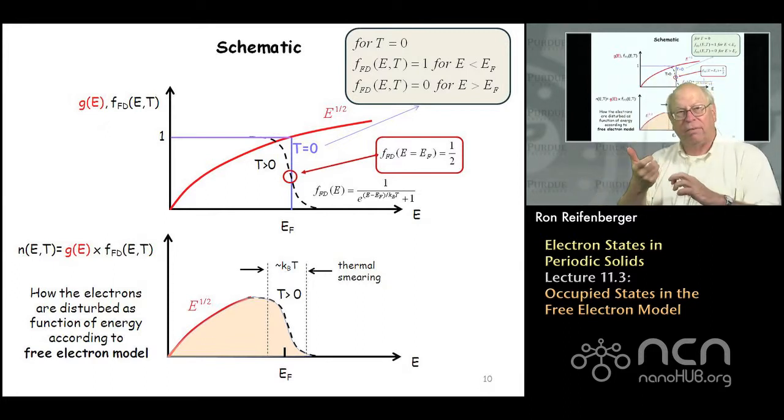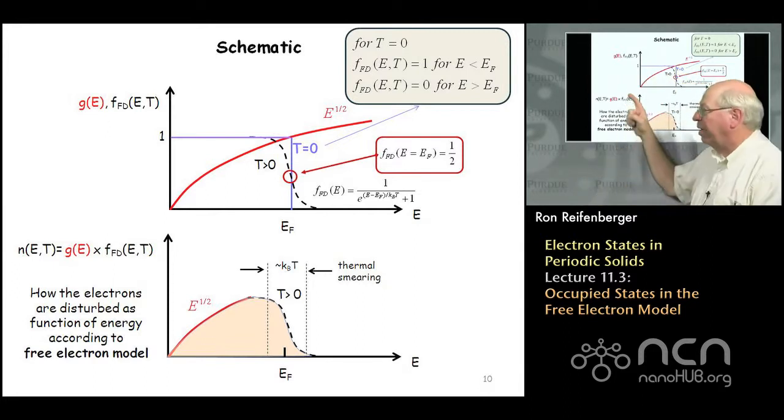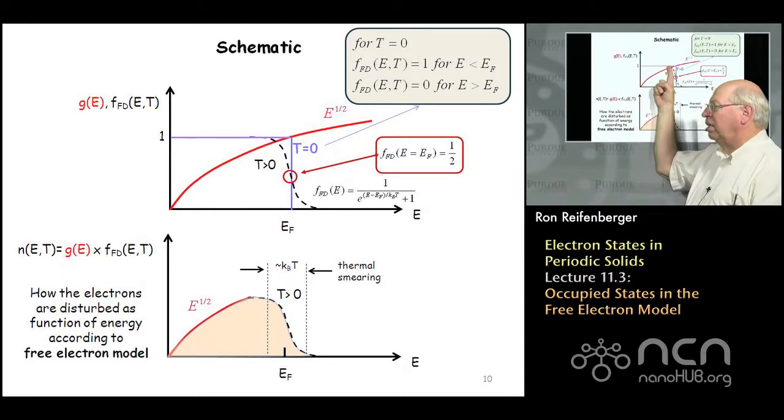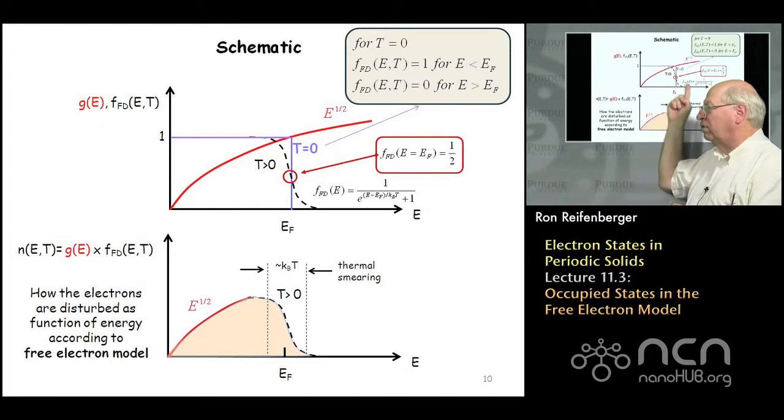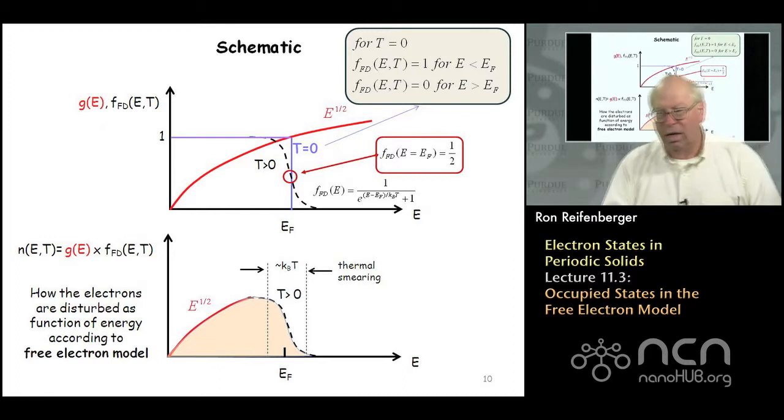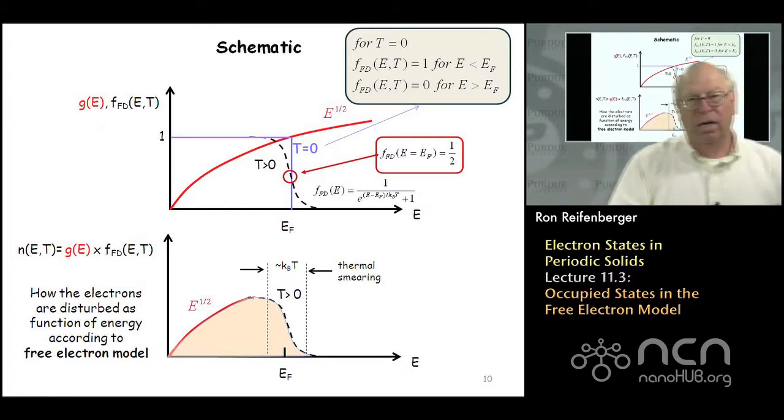As you start to heat the metal up, the Fermi-Dirac distribution function starts to deviate from unity. The deviation from unity occurs at energies a few kT around the Fermi energy E sub F. And so the Fermi-Dirac distribution curve is then broadened, as I've shown by the dashed line here.